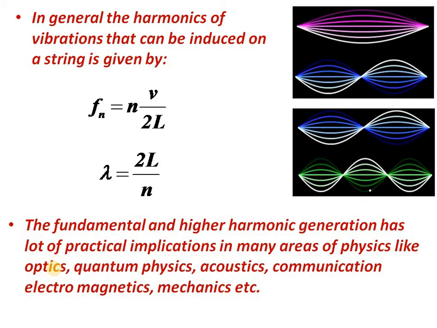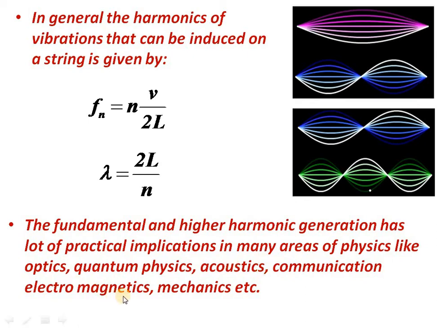In quantum mechanics, of course, you will deal with harmonics in the case of vibrations of molecules, complex molecules, atoms, and in the nucleus. In many cases, the concept of harmonics or fundamental modes of vibration is applicable in atomic and molecular physics. In acoustics, no doubt, you have to use the concept of harmonics in generating music, in different types of string instruments and percussion instruments, where this is highly applicable.